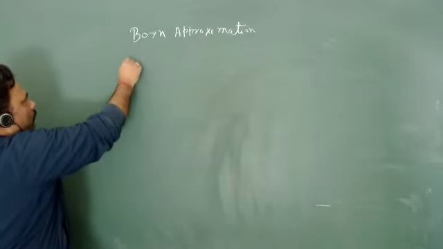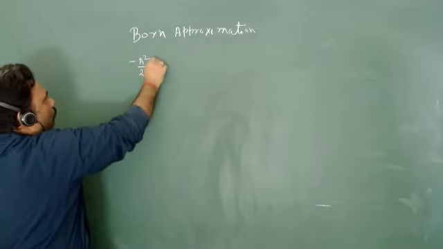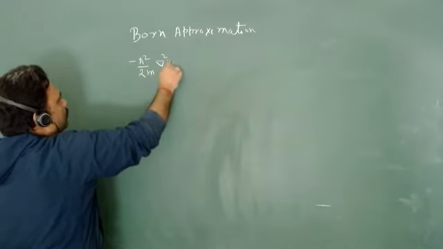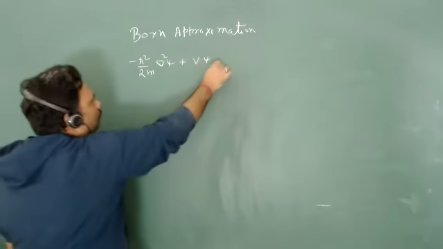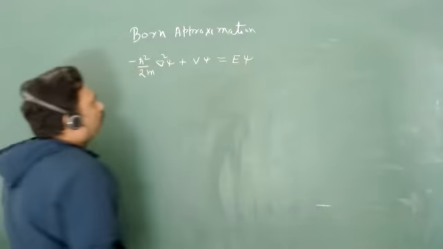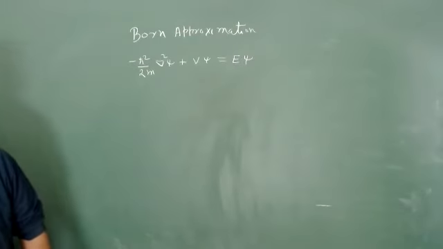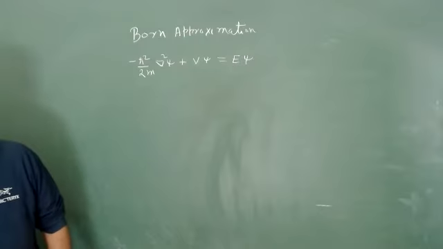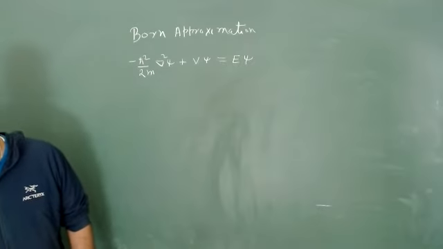So we have the Schrodinger wave equation: minus h cut square upon 2m del square psi plus V psi is equal to E psi. I have to solve this Schrodinger wave equation.